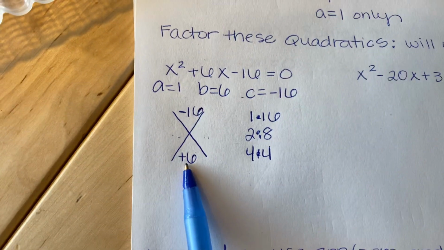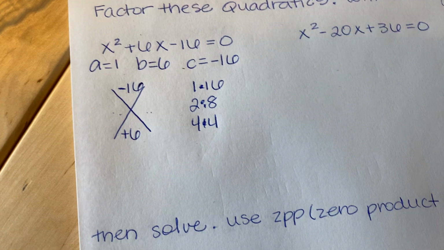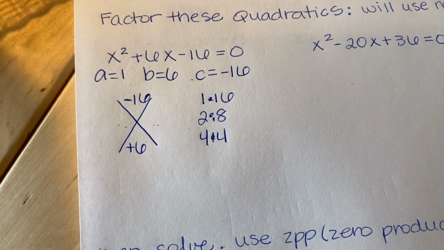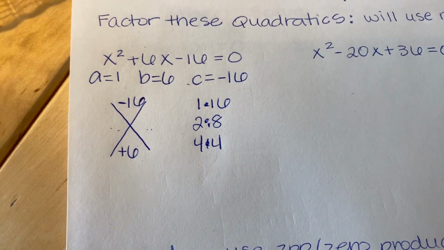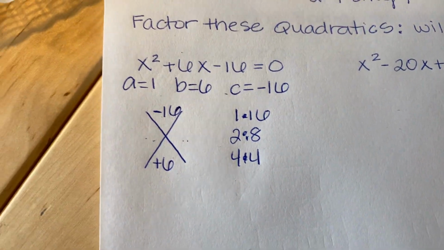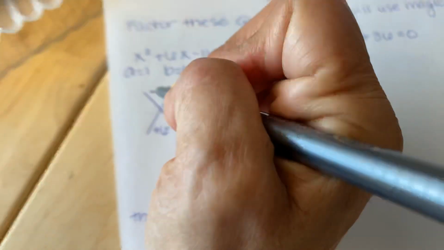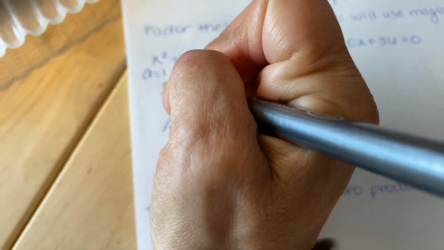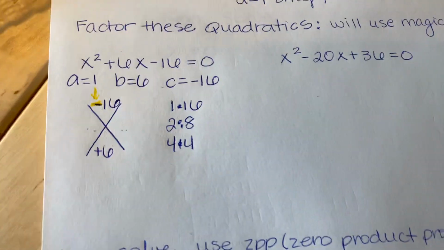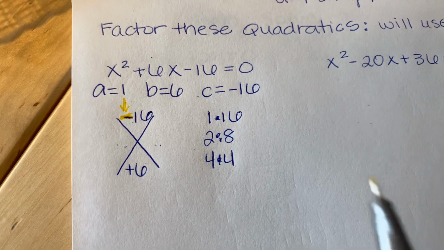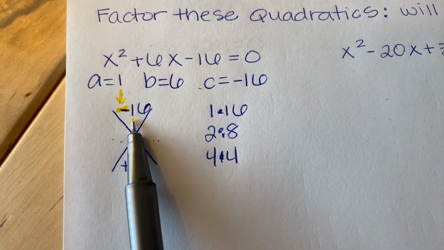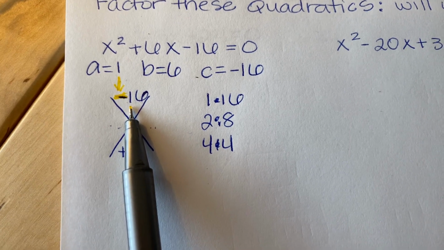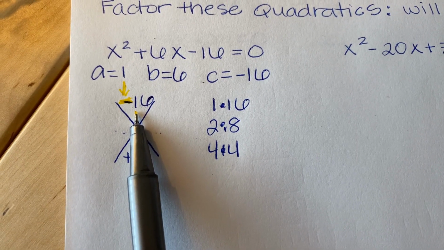So here's what you look at next. If you look at your C value, it is negative 16. That negative is very important. It's telling you that in order to get a negative product, a positive integer was multiplied by a negative integer, right?